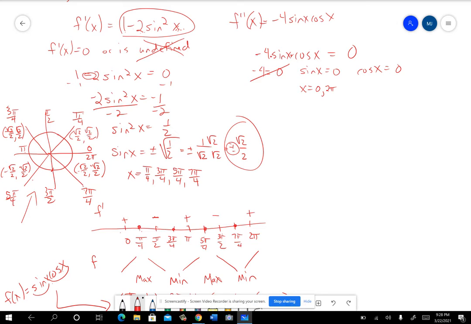All right, and then cosine x would equal 0 when you're up here or down here. So that would be true when x equals pi over 2. And also when it's 3 pi over 2, right? Cosine would be 0 there as well.